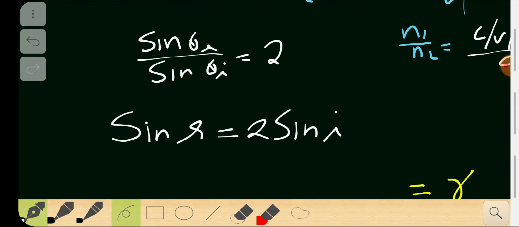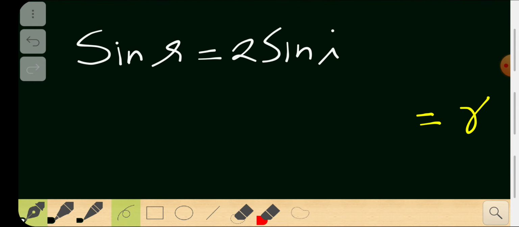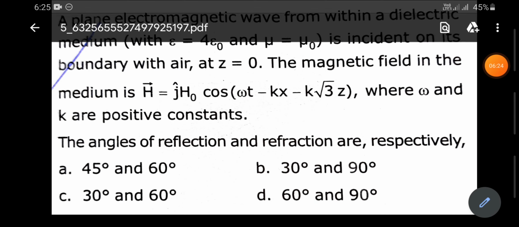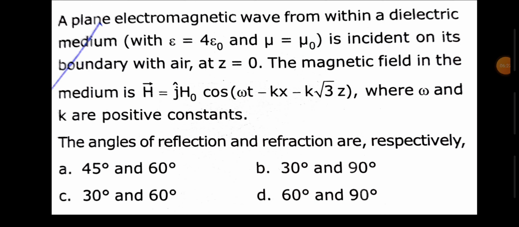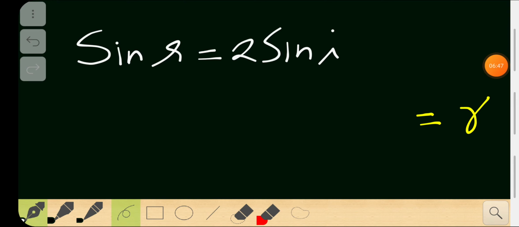Let's get back to the options. As you can see, there are 45, 30, 90 and 60, four angles. The sines of those will be root 3 by 2, 1 by 2, 1 by root 2, and so on. So which one is satisfying?